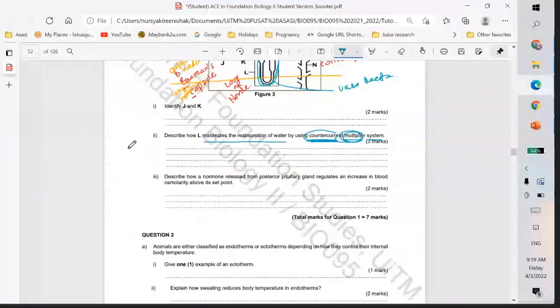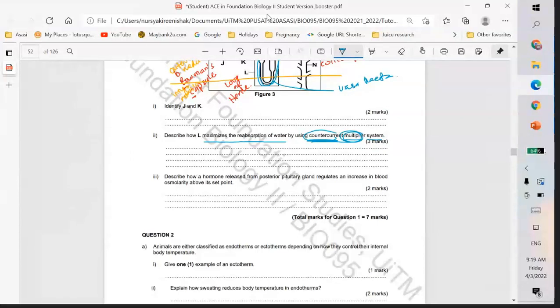On question number 3, Wan Muhammad Adli, nama dia tak full keluar. For number 3, can you read the question, please?